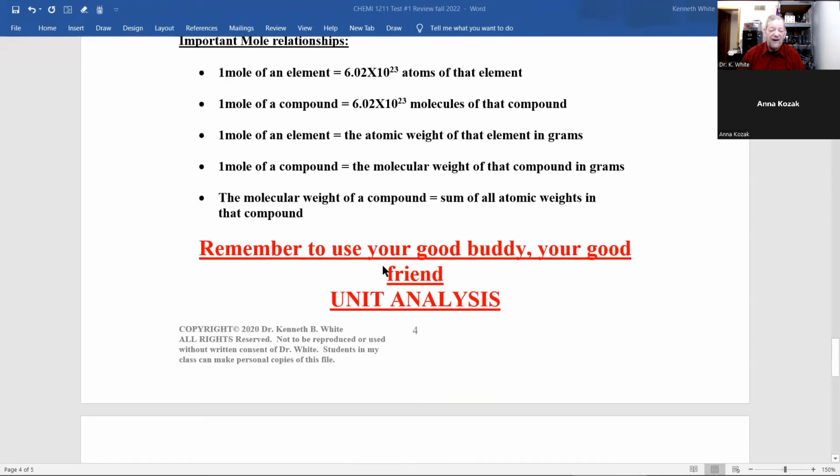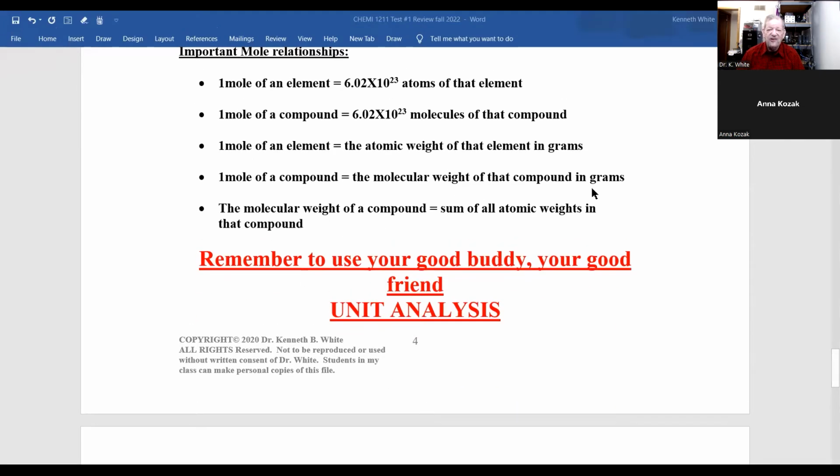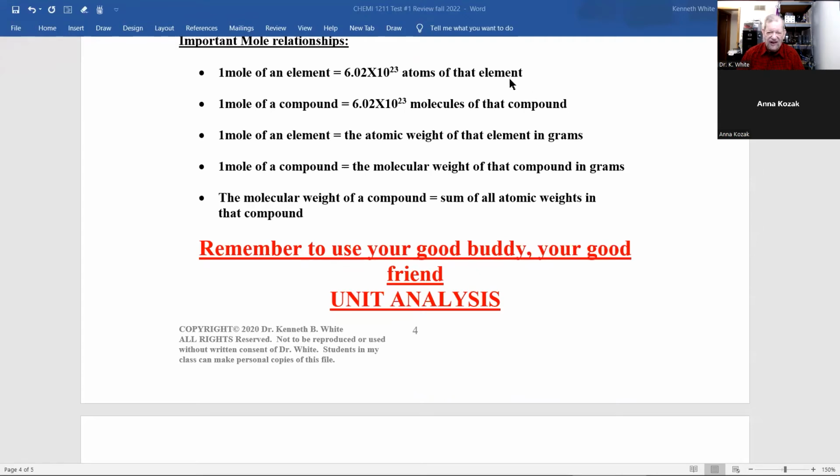Now, we were talking about our good buddy, our good friend, unit analysis. So let's take a look at how you use that to remind you.